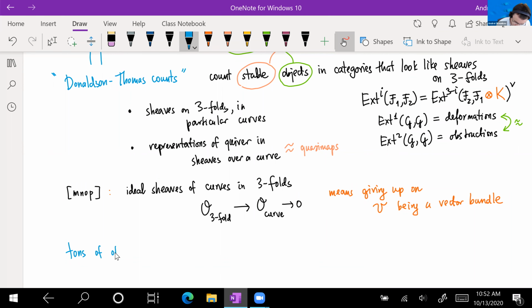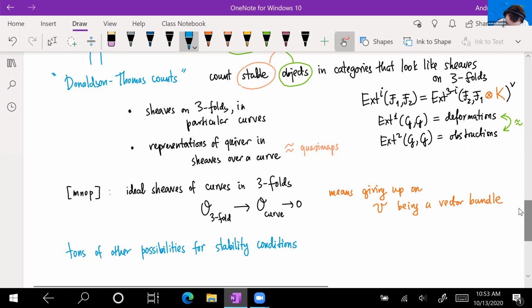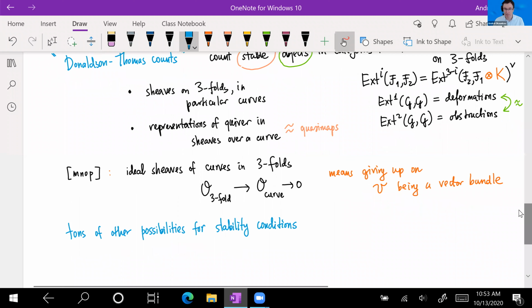Tons of other options for stability conditions. So maybe I'll say something now, and then I'll talk about examples of what the DT versus PT objects look like.